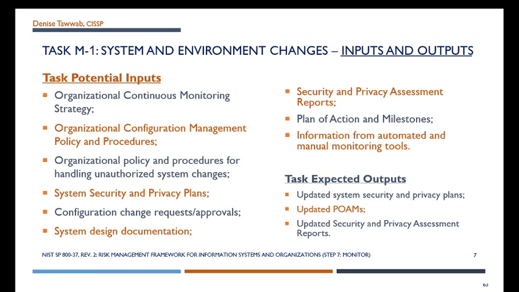The expected outputs from task M1 are an updated system security and privacy plan, updated POAMs, and updated security and privacy assessment reports. And a POAM, again, is a plan of action and milestones.